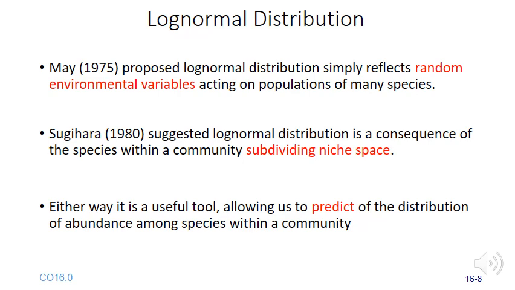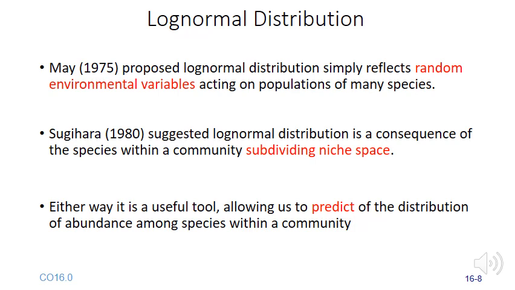This is the idea that the distribution comes about just as a kind of statistical artifact. Or Sugihara in 1980 suggested that it was all to do with species subdividing niche space. So the availability of different niches is what drives this distribution, and what leads there to be very few entirely dominant species.